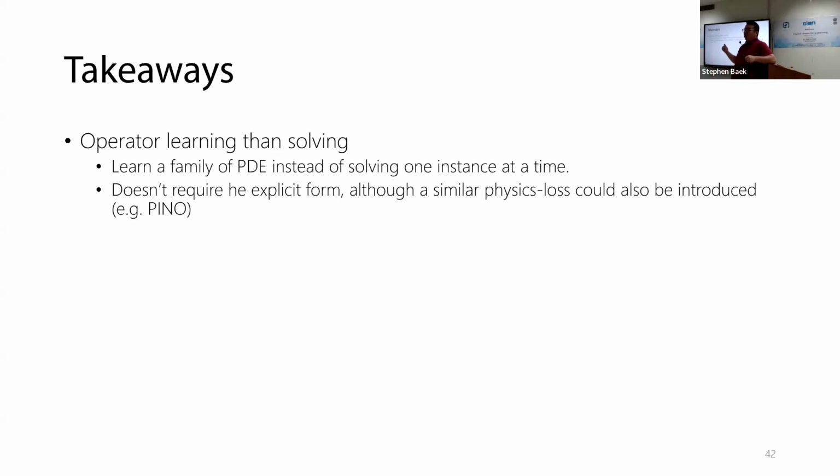In the case of neural operator, we do not assume the existence of an available governing equation. So in case you have a problem where you don't know the governing equation of the system, you just have a bunch of data, neural operator might be a better deal, right? Although, if you do have a governing equation and somehow introduce it into the training of the neural operator, you can still do that. There's nothing that prevents you from adding a physics-informed loss.